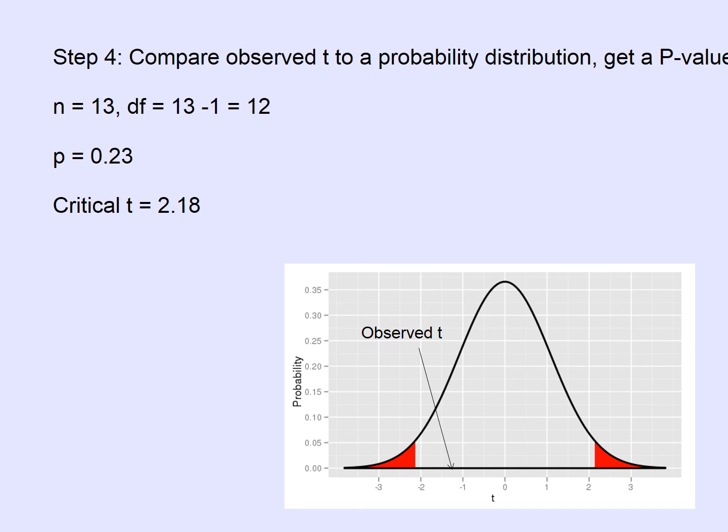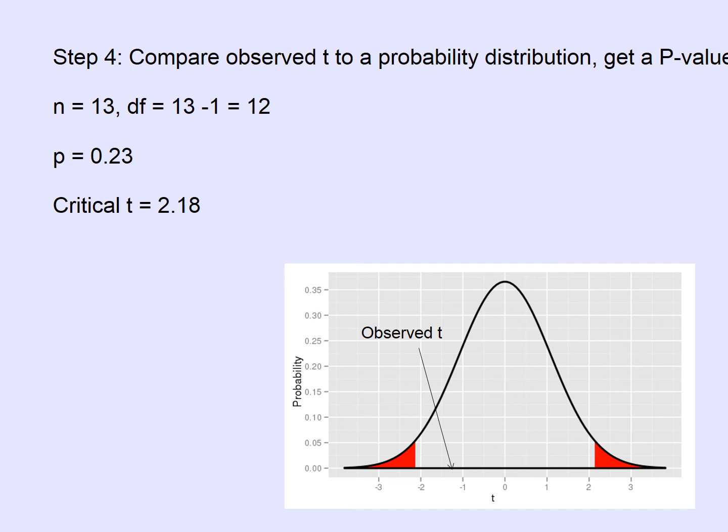We see that the t value we got of negative 1.27 does not exceed this critical value, and it is in the retention region, remember? The red is the rejection region where we reject the null, and the uncolored region is the retention region, where we retain or fail to reject the null.